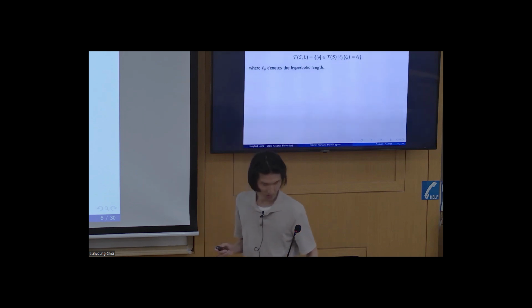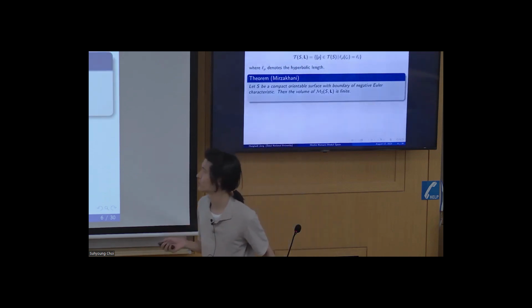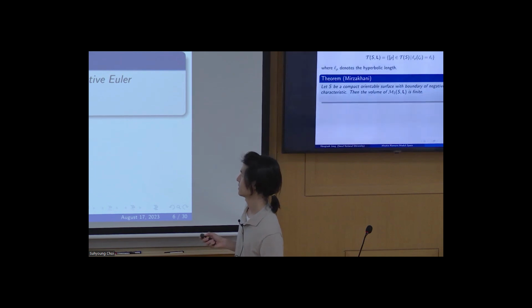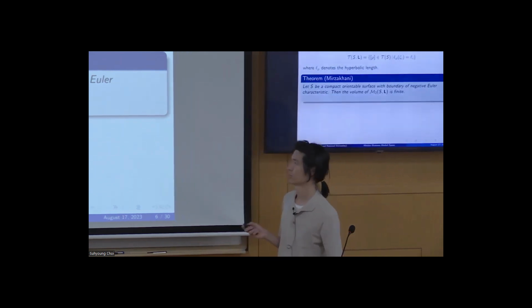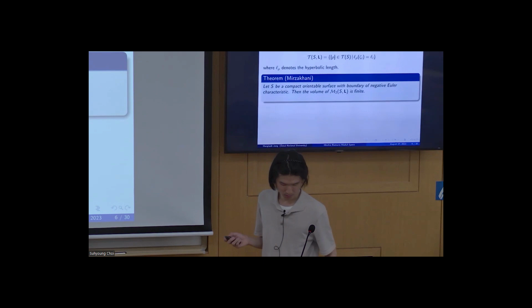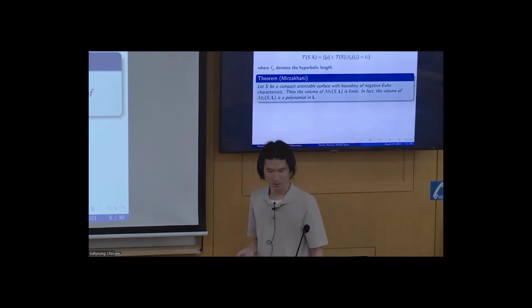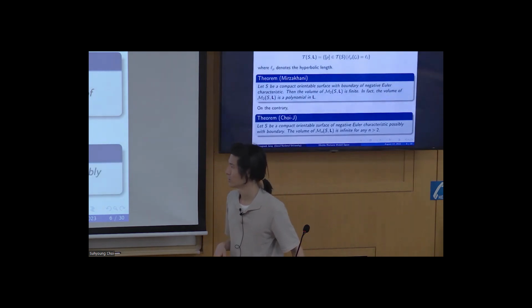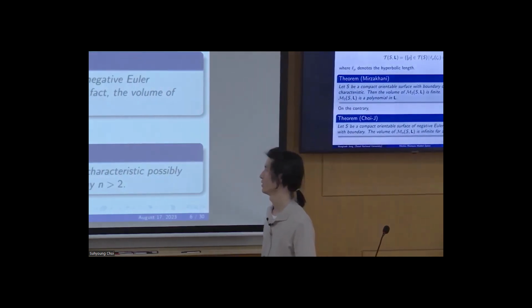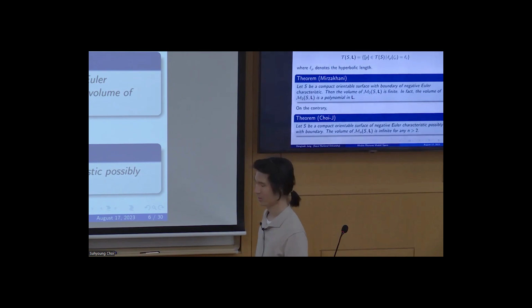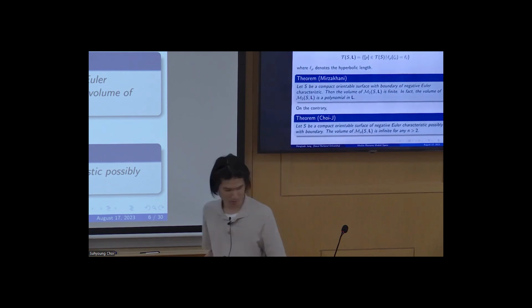What Mirzakhani proved is that this space has finite volume with respect to the volume form that I mentioned in the previous slide. More than that, she proved that this volume is actually a polynomial in these variables. On the contrary, what we proved is that the volume of this higher rank Hitchin-Riemann moduli space is infinite, provided n is not equal to 2. That's our main theorem.